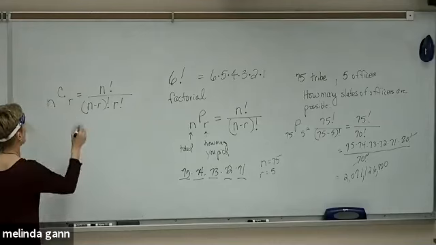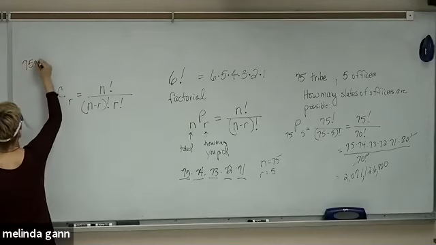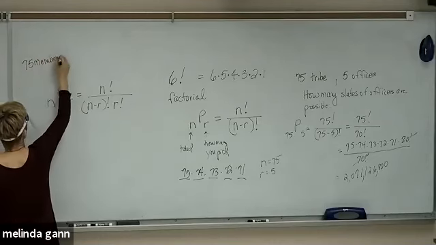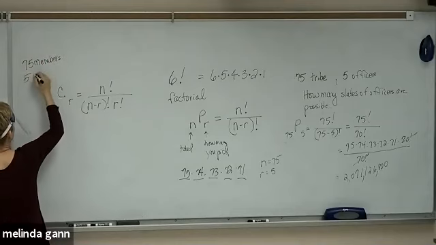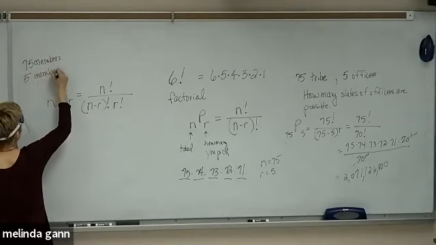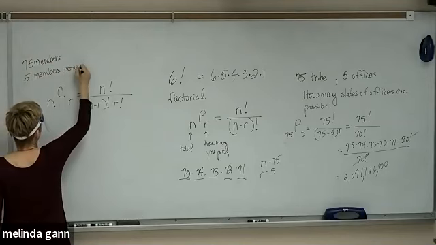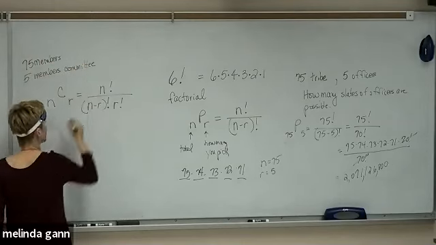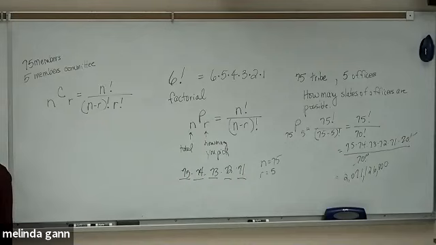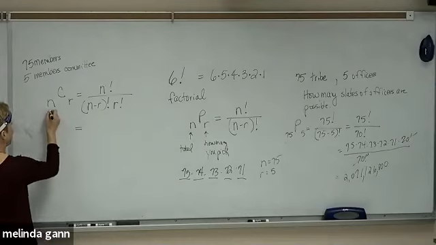So let's go back to the tribe. There's 75 members, and we're going to pick 5 members for a committee. Now, if you're picking a committee, does the order matter? No. If I pick Sarah first or fifth, she's still on the same committee. So if order doesn't matter, I have to use combinations. What's my N in this problem?